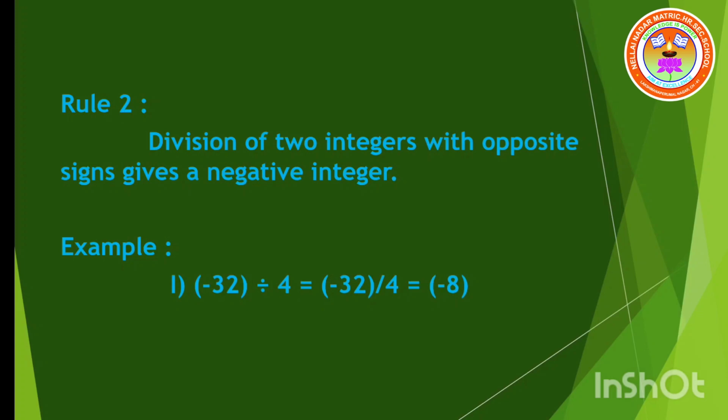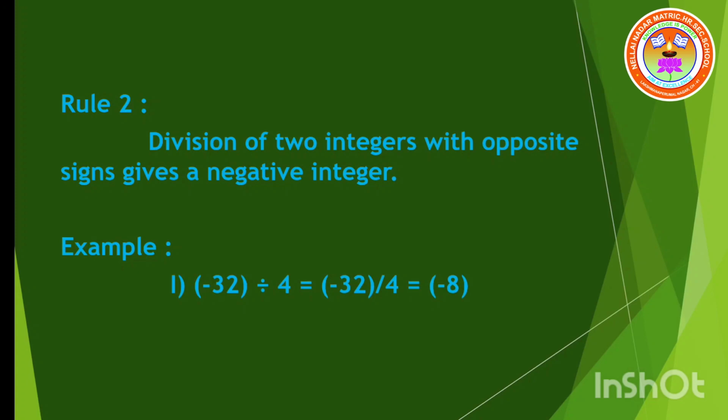According to rule number 2, my answer should be negative, so I'll put my negative symbol. Now I should see in the 4 tables how many times 32 will go. 32 divided by 4, 8 times it goes. 4 eights are 32. So the answer is minus 8.